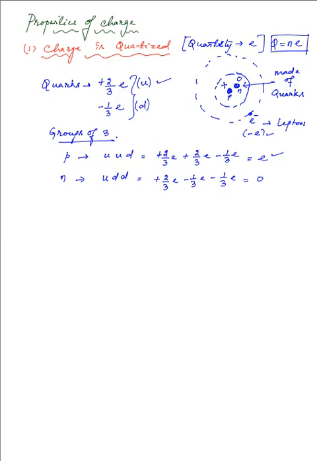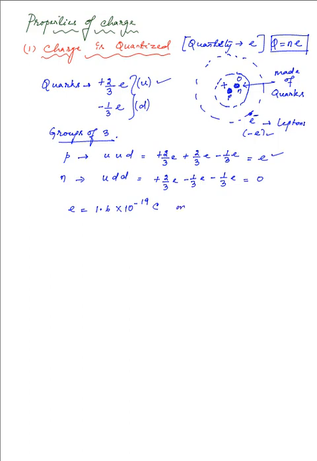Now, as we know, the minimum value that we can have for the charge is that value E. The value associated with E is 1.6 times 10 raised to the power minus 19 coulomb, which means that you cannot have any value which is less than that.